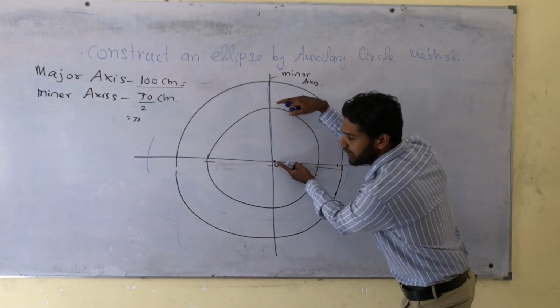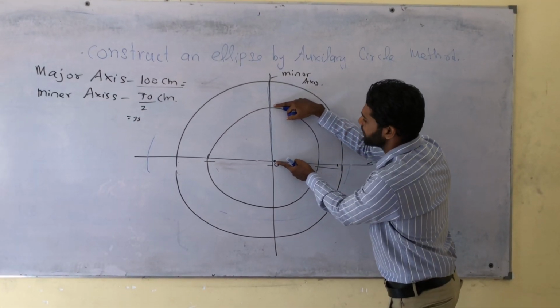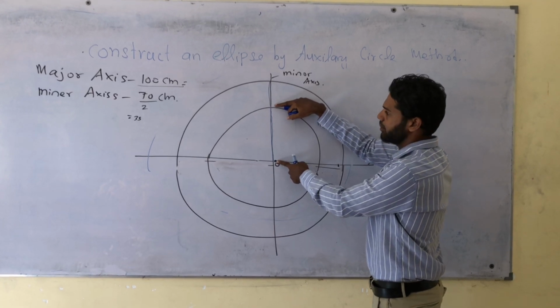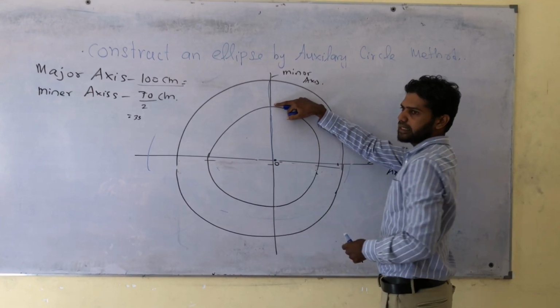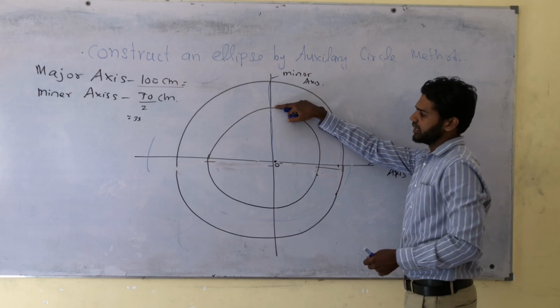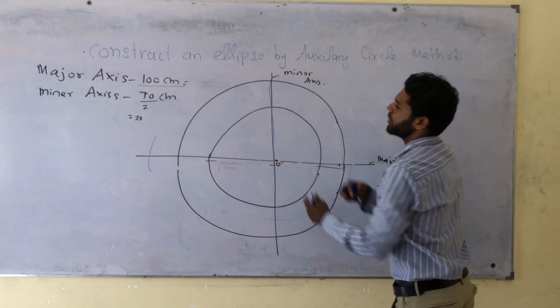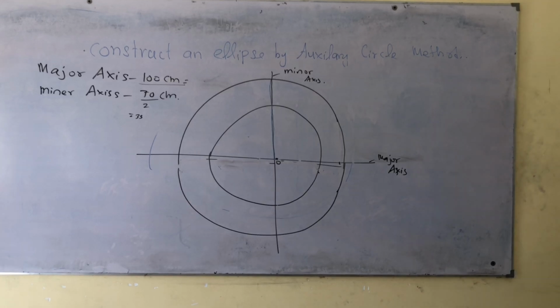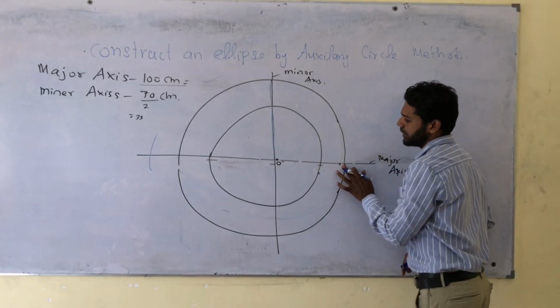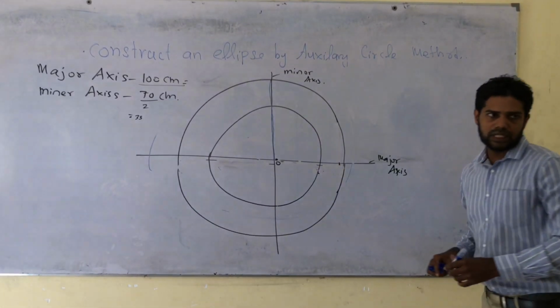This small circle, 35 centimeter the radius, means the total diameter of 70. As well as the bigger circle, the radius of 50 centimeter. Now we have drawn the two circles.